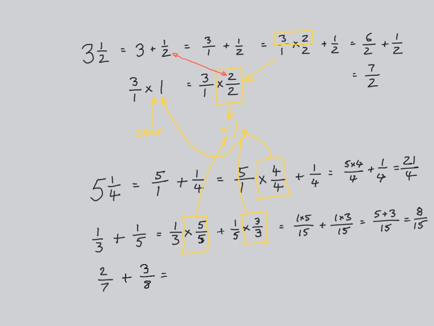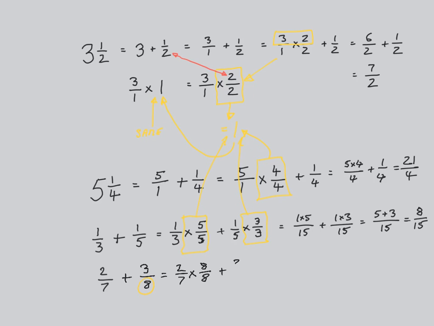What are we going to do this time? Well, we want to make the numbers on the bottom the same. So we choose the 8 and we multiply by 8 over 8, which is just like multiplying by 1.